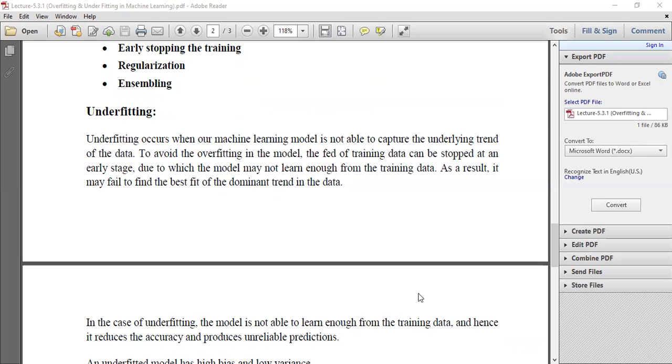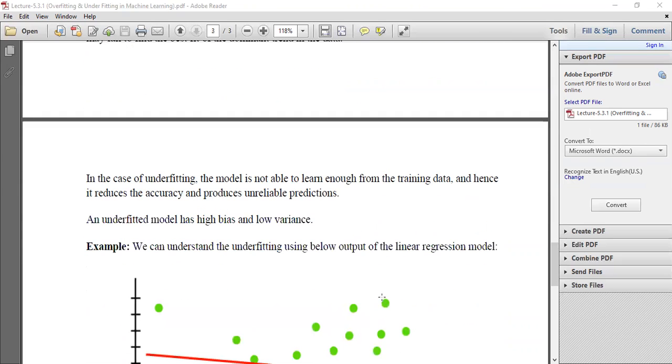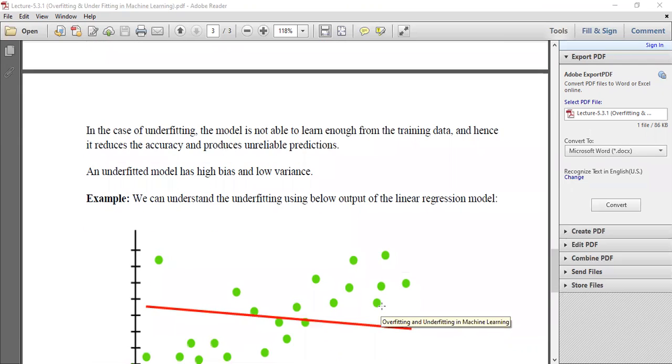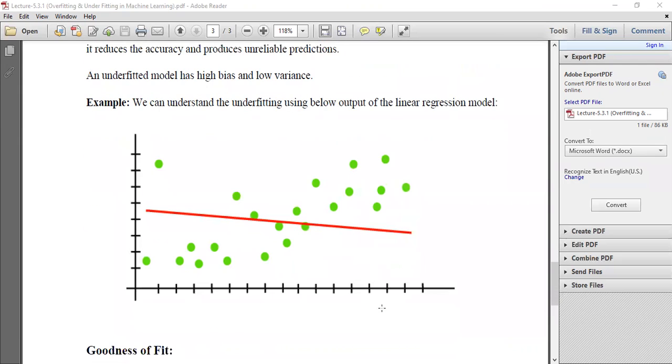In the case of underfitting, the model is not able to learn enough from the training data, and hence it reduces the accuracy and produces unreliable predictions. So an underfitted model has high bias and low variance.